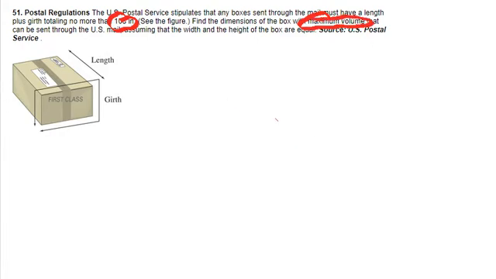So the objective is that we maximize the volume, and the constraint is that the girth plus the length would be no more than 108 inches.